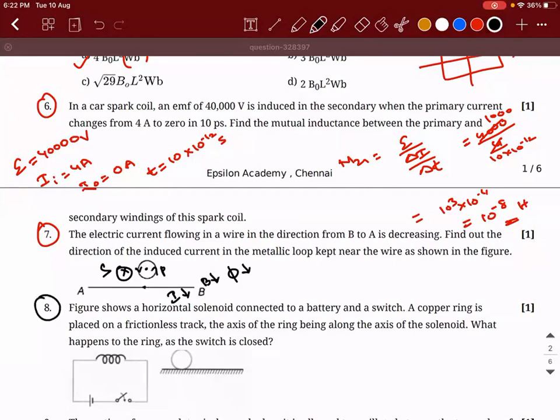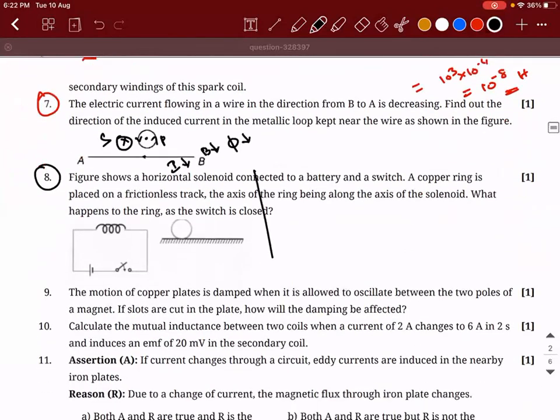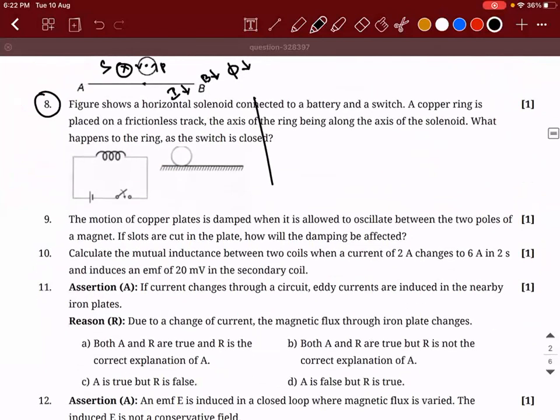Okay. So this problem not needed. This is not needed. Try the 10th one. Calculate the mutual inductance between two coils when the current of 2 ampere changes to 6 ampere in 2 seconds and induces a 20 millivolt in the secondary coil.